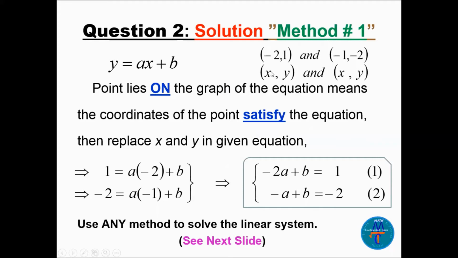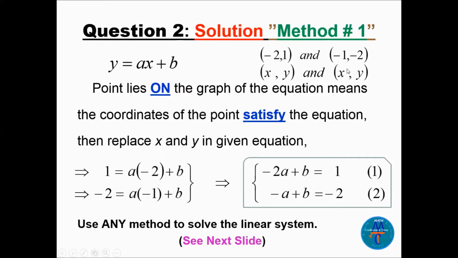So I can replace x with minus 2, y with 1 here. So that's the first point. I can put directly 1 instead of y, and minus 2 for the x. There is a times minus 2 plus b. If you simplify, the first equation is minus 2a plus b equals 1. That's equation 1, leave it.